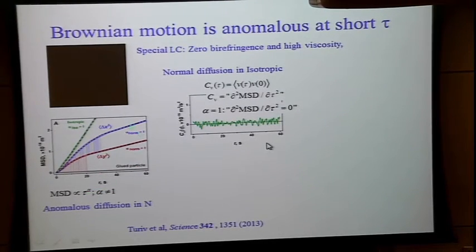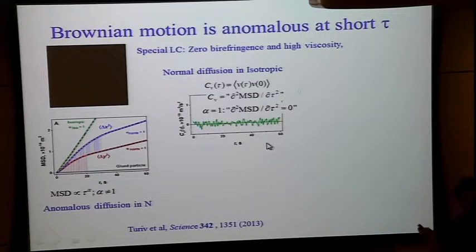For long time scales, it's a normal behavior. For isotropic fluid, isotropic melt of the same material, it's classic all the way through. But if we have a nematic, then for x and for y displacement, we have classic behavior at the beginning, but then something strange happens, and it's better to present it in terms of the velocity autocorrelation function, which basically tells you if I have a particle moving in this direction, what would be the probability of the particle to continue to move in the same direction as opposed to changing the velocity into the opposite direction.